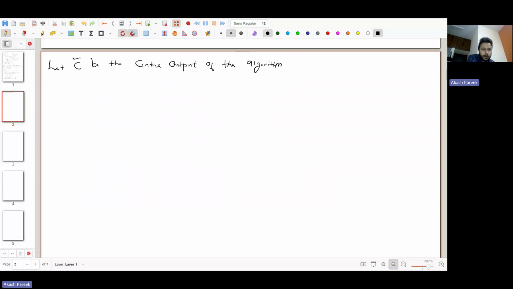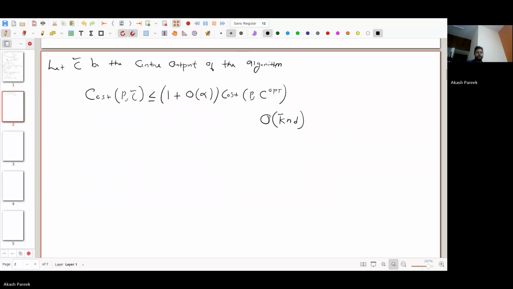Then the cost of P on C dash, given alpha, lambda, and pi as the prediction, is 1 plus order alpha times the cost of the optimal solution, where C star is the optimal k-means clustering. And this will run in order k and d time, up to a log factor.